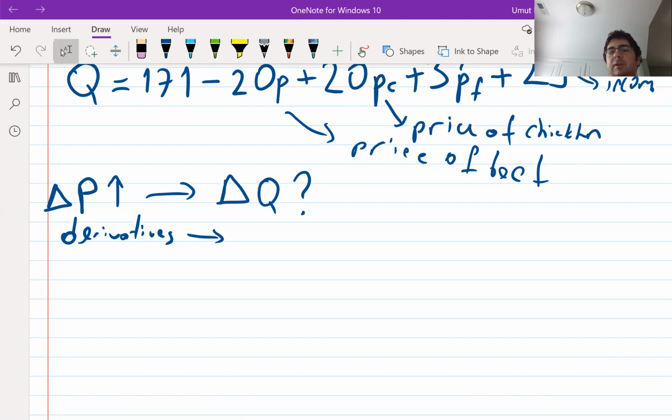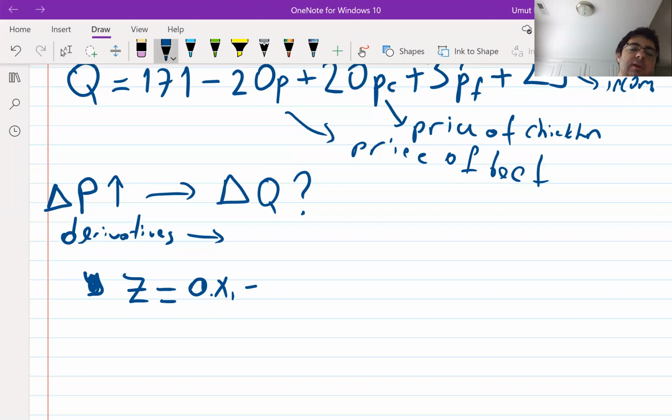Let me write the basic rule for linear functions, how we take the derivatives here. For example, let's say that our function is z, equal to a times x1 plus b times x2 plus c times x3.